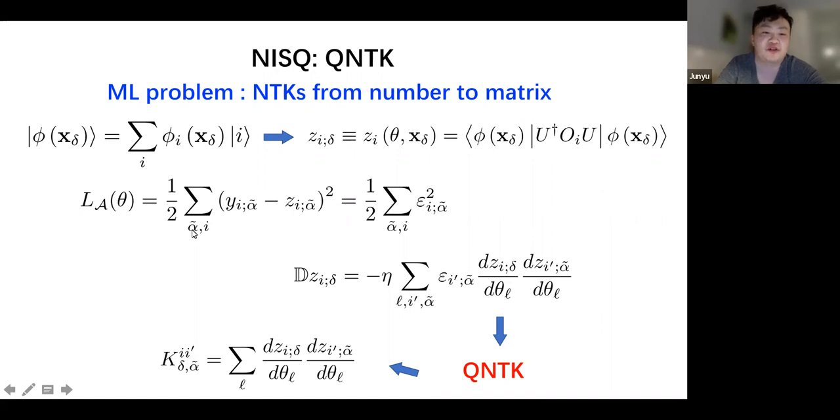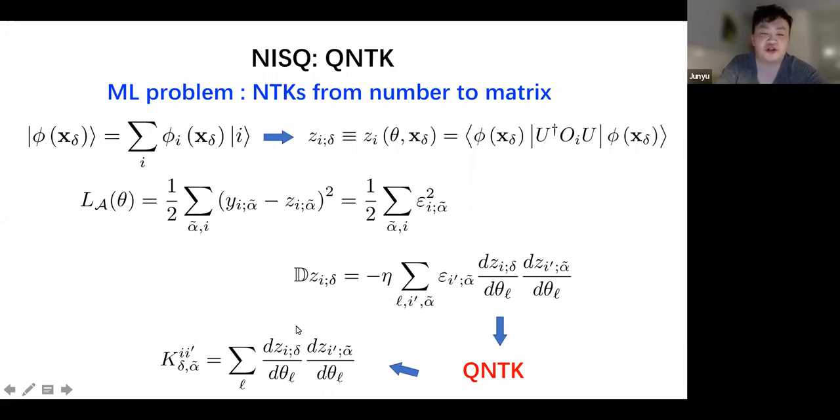You can, on some training set, similarly define quadratic loss, and then you can perform the same calculation. But in general, this K, the QNTK, will become a positive semi-definite and symmetric matrix instead of a single non-negative number. So this is why it is called a kernel, because it is a positive definite and symmetric matrix.